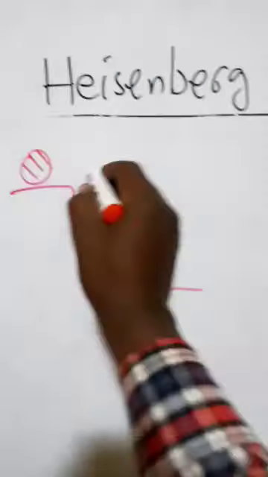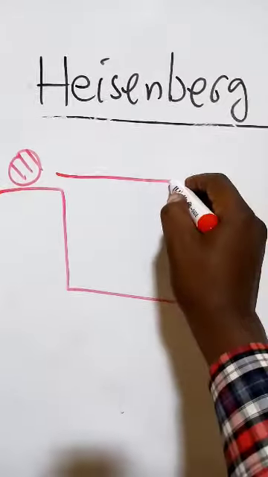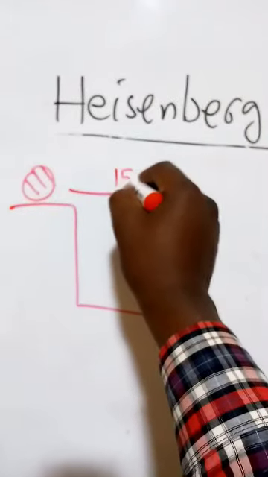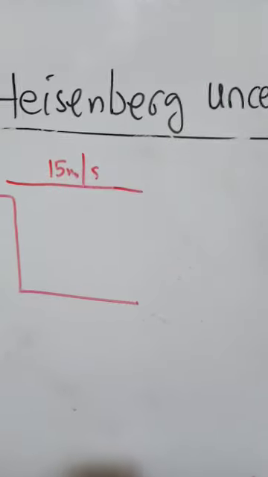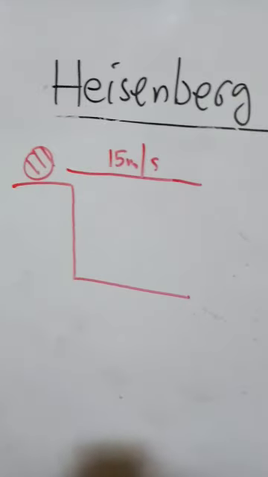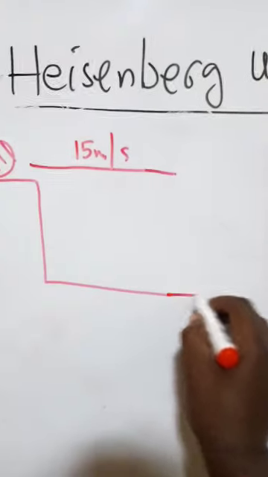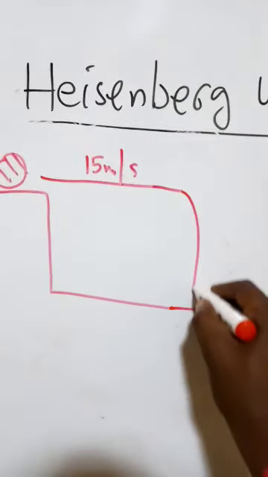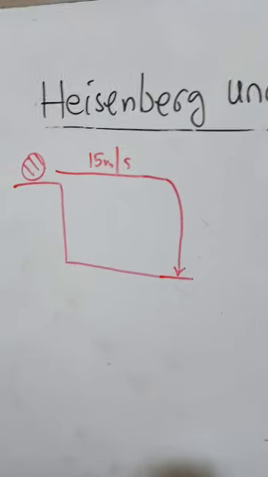There's a ball there, the cricket ball, and this ball is kicked and it's moving at, let's say, 15 meters per second. By using the principles of projectile motion, we can predict the position where this ball would fall.